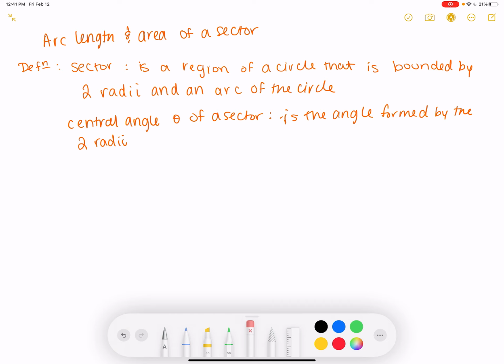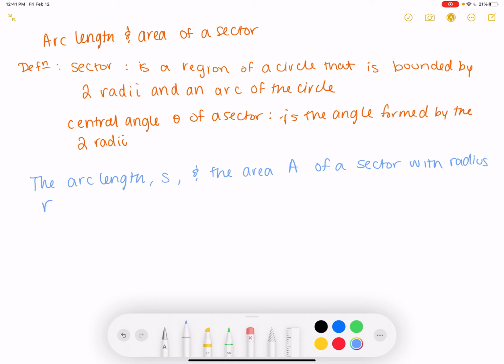The arc length S and the area A of a sector with radius r and central angle theta. Okay, and that will always be measured in radians. Okay, if it's not in radians, it won't work.